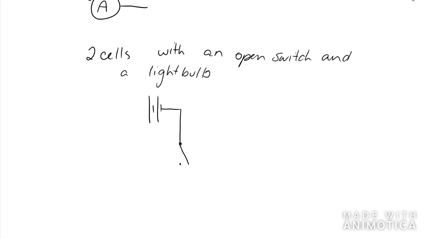And a light bulb. And then I have to close it off. So you can see that it's going to travel out of the cell, or cells, the battery, through the switch into the light bulb, and then return to the battery.